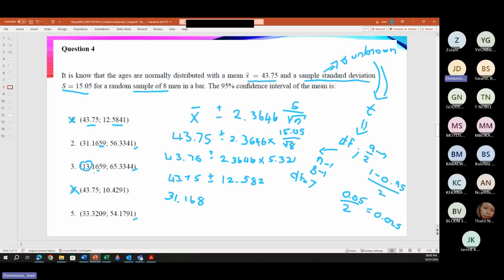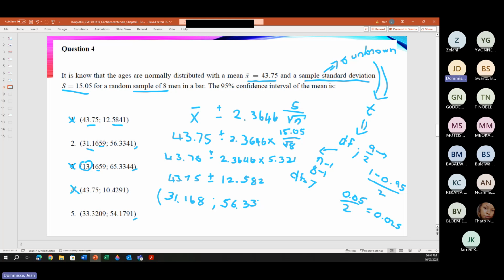Okay, so if you swap the two around, I nearly wanted to ask what's the difference between the two. Okay, so 31 is fine. So if we add the two to get the top end, it will be 56.33.